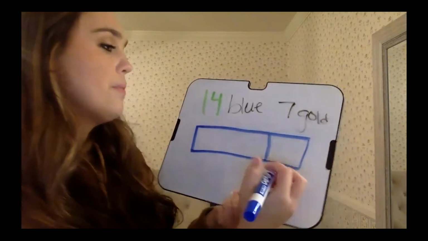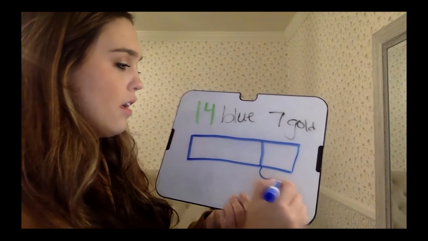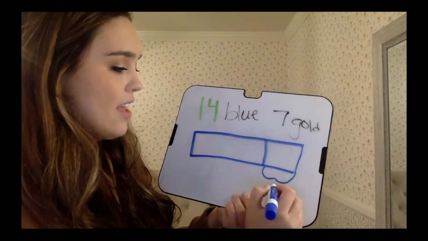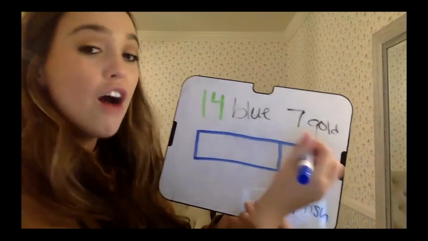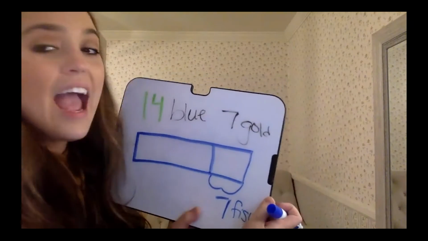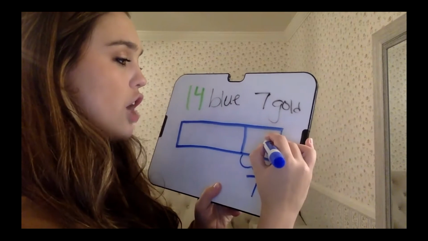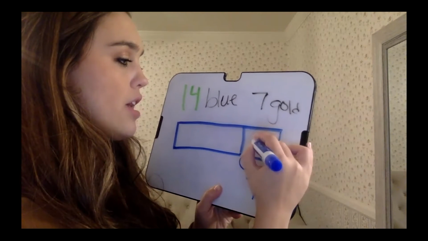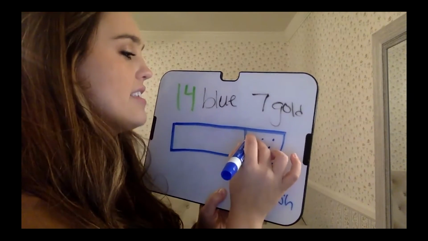Okay, so I'm going to draw here 7 fish, because this little part of our tape diagram represents 7 fish. And in fact, we can even draw in here little dots. So 1, 2, 3, 4, 5, 6, and 7.